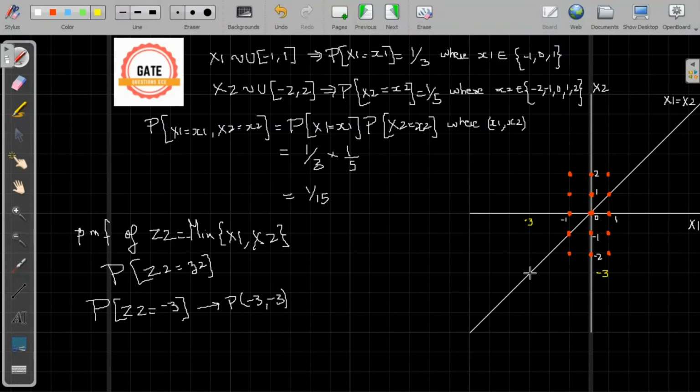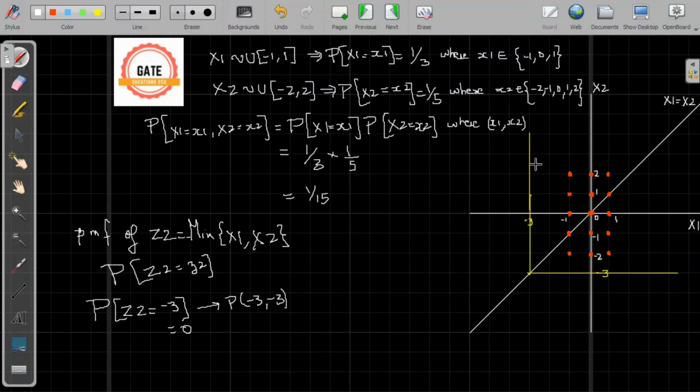So this point here corresponds to the (-3, -3) point. So the corresponding boundary in the x1 x2 plane will be this boundary that I am going to draw here with yellow. We can clearly see that there is no point out of these 15 points that is lying on this boundary. So this probability will be equal to 0.